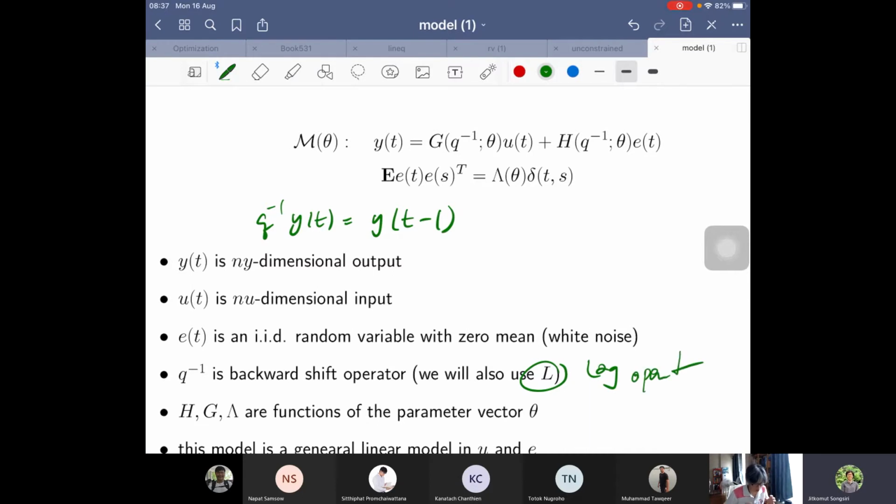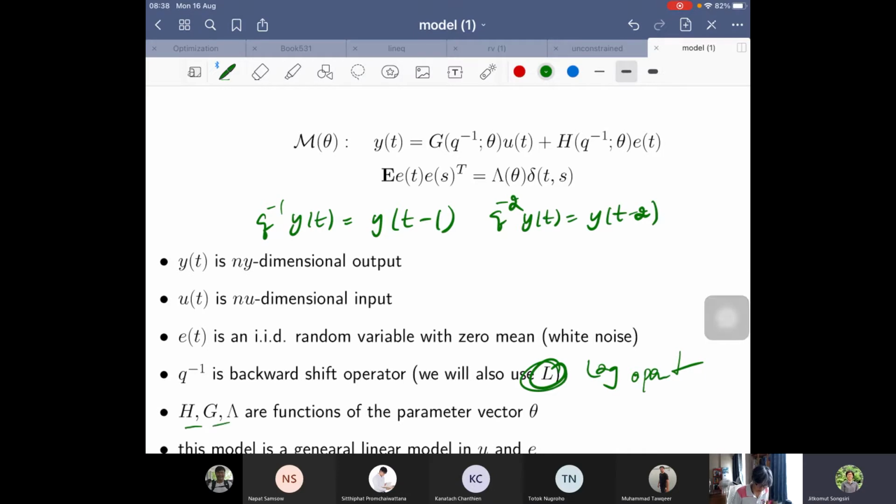So you see both q^-1 and L in these handouts, because it's shorter to use L. And what about q^-2? It means you go backward two steps.